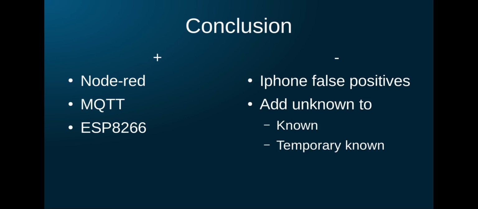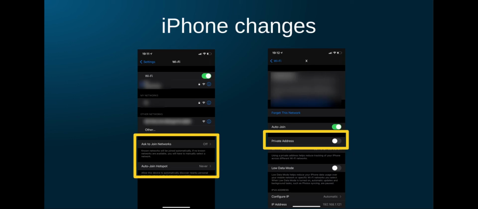Also, when receiving visitors, I keep on receiving messages indicating there is an unknown person around my house. I will need to see how I can temporarily mute the notifications for specific MAC addresses. I did find out how to reduce the false positives of my own iPhone by disabling these settings on my phone. This didn't, however, take away the problem entirely, since sometimes it still seems to broadcast a unique MAC address when I pass by the sensor.